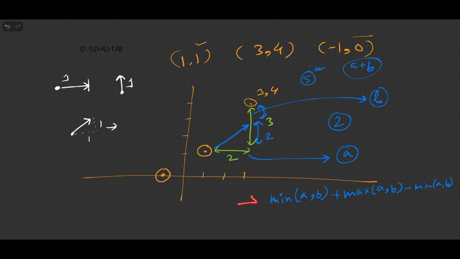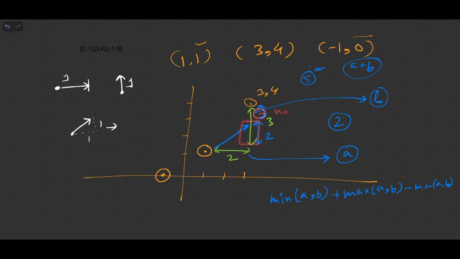Can we simplify this equation? Yes, we can. How? The minimum is already covered by this, right? What is left is the remaining portion in the maximum. In the maximum distance, we already covered the minimum using the minimum number of steps. What remains is this.